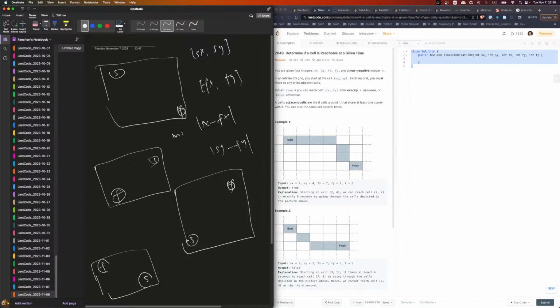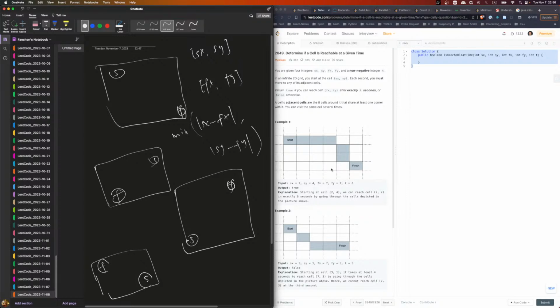So we take the minimum of these two. In this case it's going to be 3. That's the minimum you can go, 1, 2, 3.